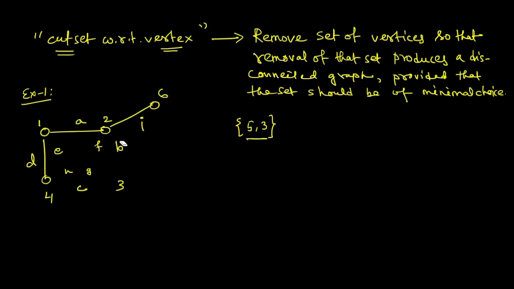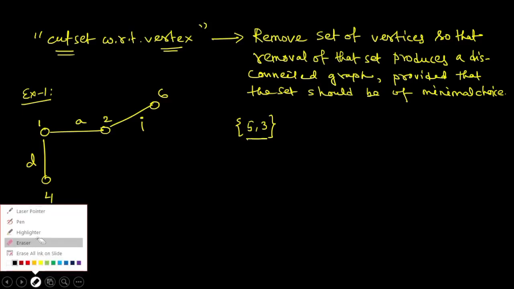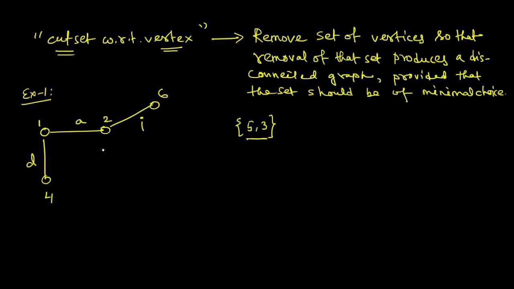Now see what you have, nothing here. So the remaining graph, this one, is a connected graph. So {5, 3} is not a cut set with respect to vertex, because ultimately you are getting this part only, which is a connected graph. Your target was to get a disconnected graph. This was the first target. So this is not a cut set because you are getting a connected graph.